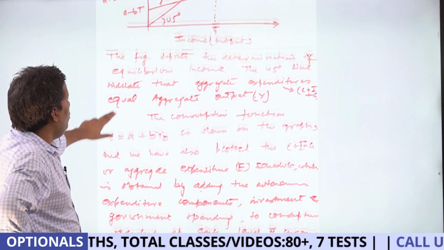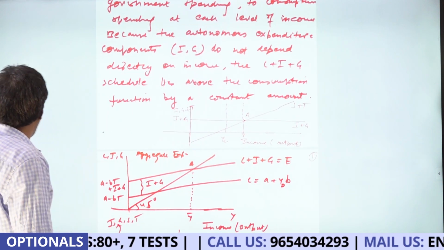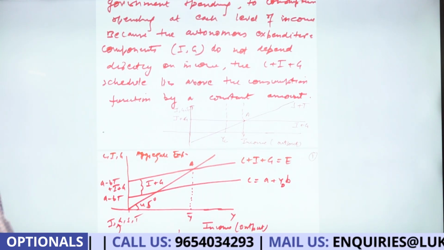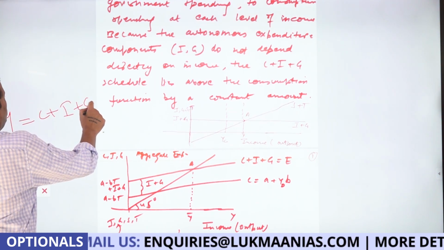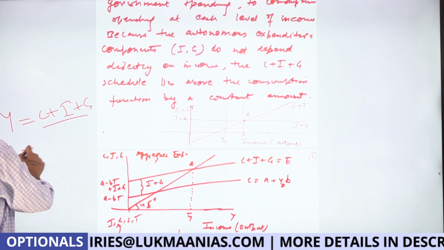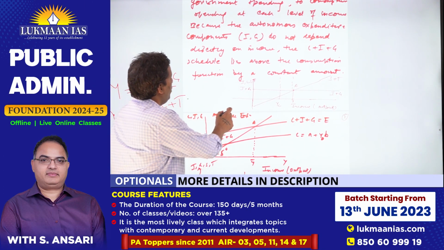Now what we will do, similarly on the saving part also you can see it. Here we have seen it from C plus I plus G, but there is one more equation, Y is equal to C plus S plus T. What is happening here? Observe this equation.